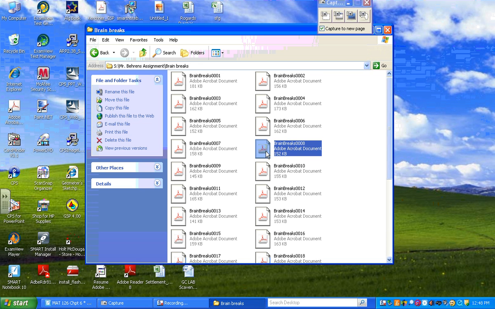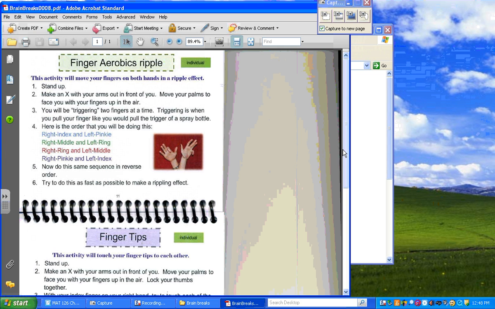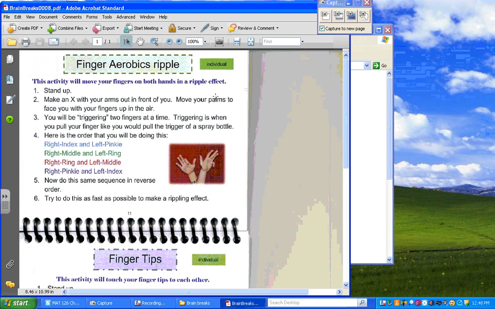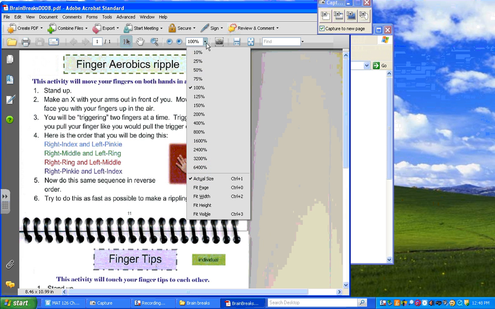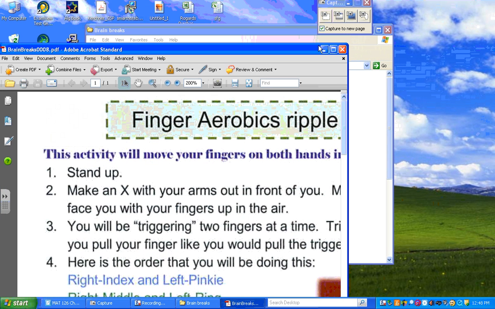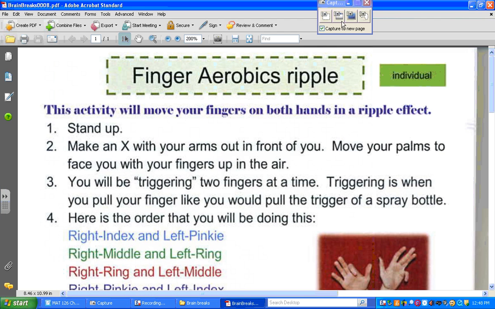Not for much longer. We are going to do, I don't know, whatever came up, finger aerobics, in honor of Stephanie. Are we recording this? We are. Nice.